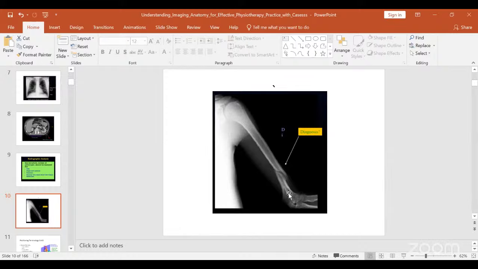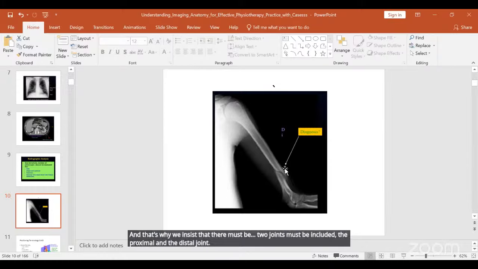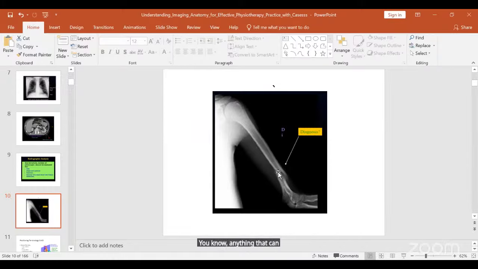Now, another additional thing whenever you're assessing this, and that's why we insist that two joints must be included, the proximal and the distal joint. Anything that can cause this kind of impact, this kind of mechanical injury, affects stability.